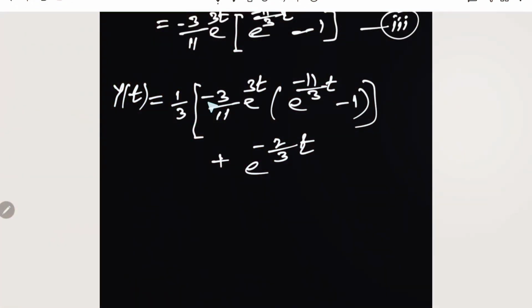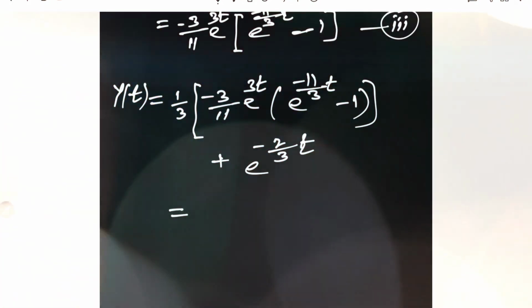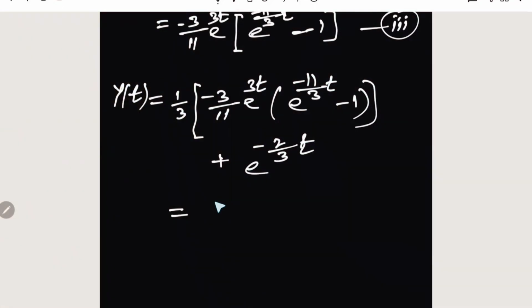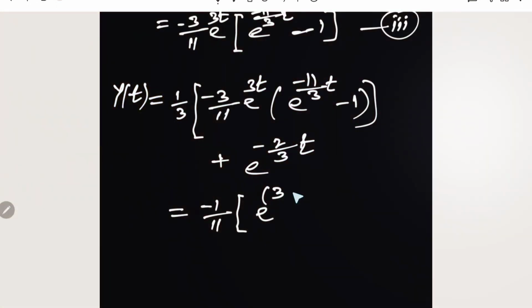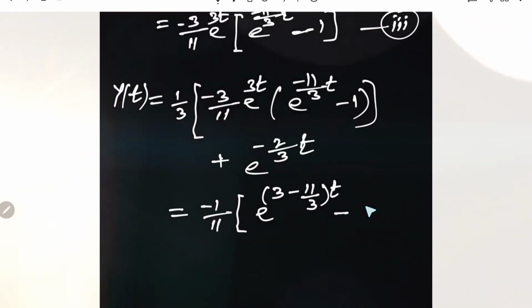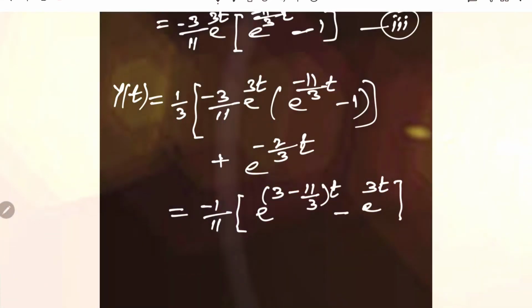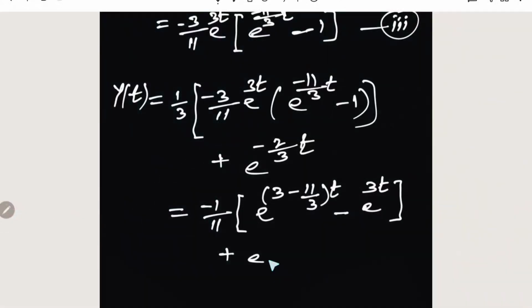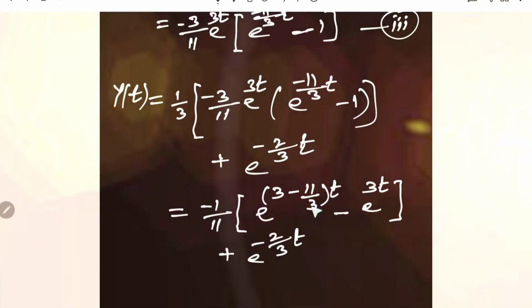We can simplify it further. 3 get cancelled and multiplying it inside, we get minus 1 by 11 e raised to 3 minus 11 by 3 times t, adding the power, and minus 1 into this, it is e raised to 3t, and plus e raised to minus 2 by 3 times t. 9 minus 11 we get minus 2 by 3.